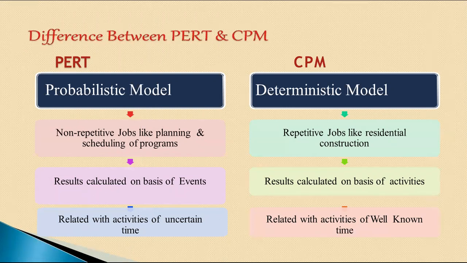In PERT, results are calculated on the basis of events, whereas in CPM, results are calculated on the basis of activities. In the PERT method, the results are related to activities of uncertain time, whereas in the deterministic or CPM model, they are related to activities of well-known time.